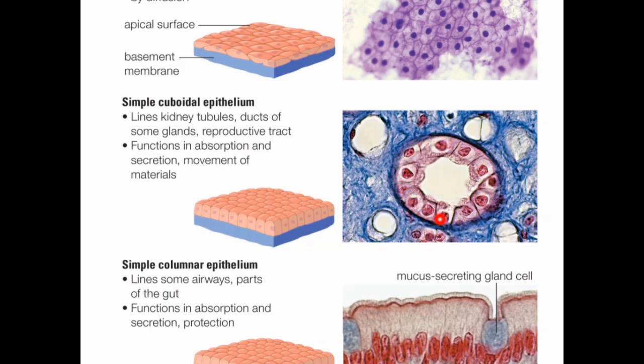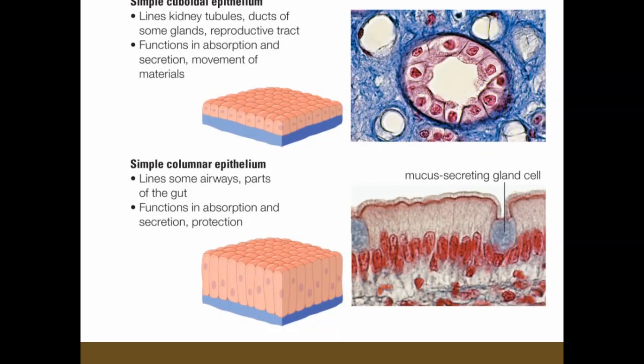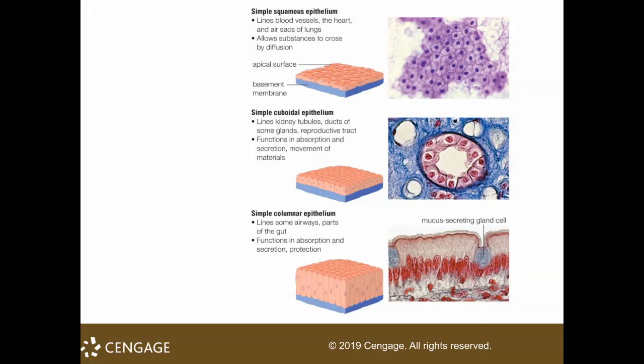And then you have your columnar cells, which are very tall. This is an example of epithelial tissue obtained from the lining of your jaw gum. These cells are very long and very tall. So those are the three types of epithelial tissue.